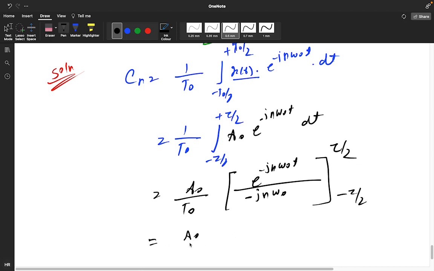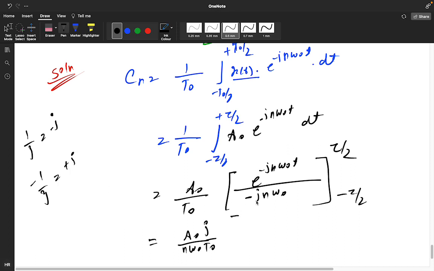So A naught over n omega naught T naught, and I am taking this minus j as plus j upside, because 1 upon j is minus j, so minus 1 upon j is plus j.